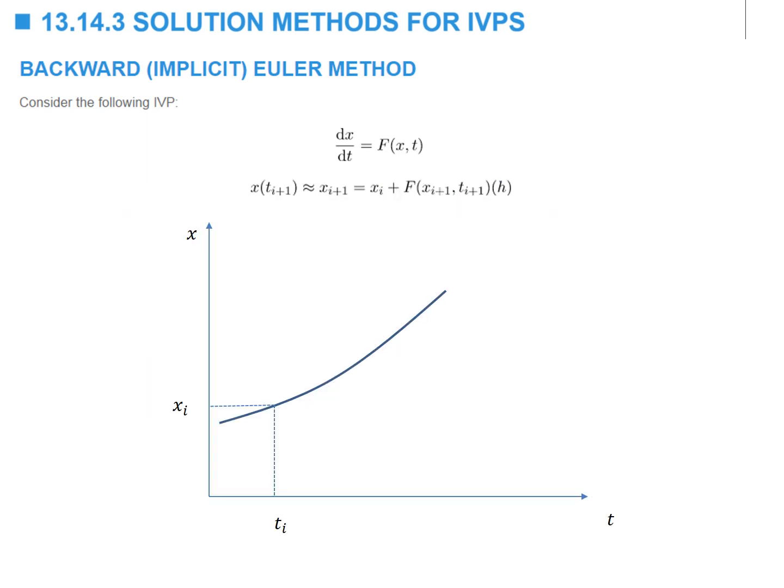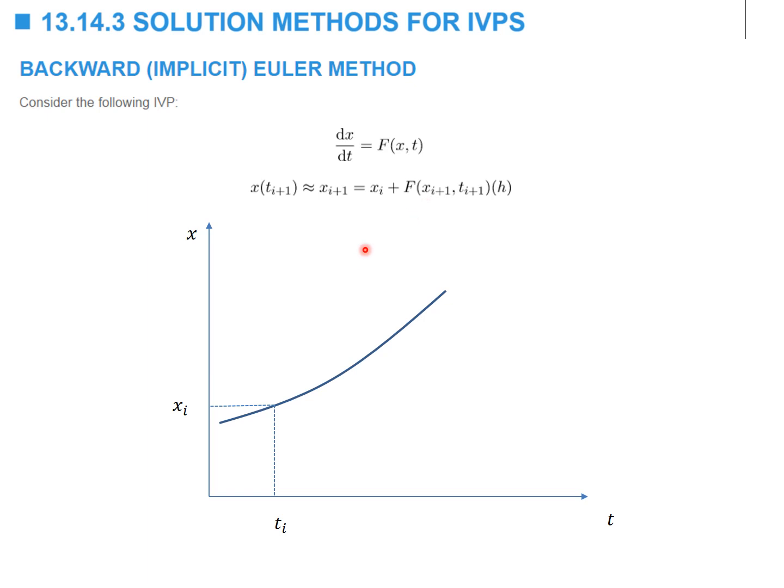So let's look at this visually. The function x is the function that I'm trying to approximate. It's an initial value problem, which means let's say I know at the time ti the value of xi, and I want to advance in time and find the value of xi plus 1. So using this, xi plus 1 is equal to xi plus the rate multiplied by h.